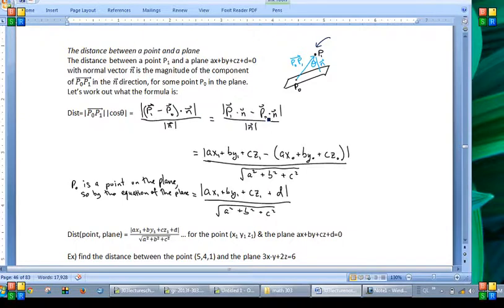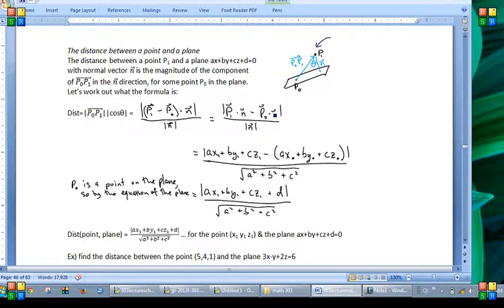And then p0 is some point in the plane x0, y0, z0, dotted with the normal vector, which we've called abc. So you get these expressions. And we're going to divide by the magnitude of the normal vector. Normal vector was abc, so it's just the square root of a squared plus b squared plus c squared.